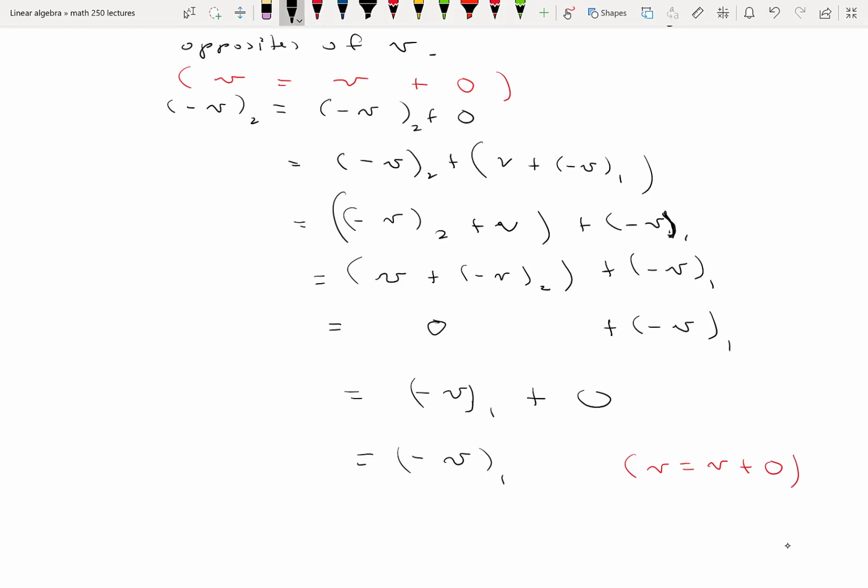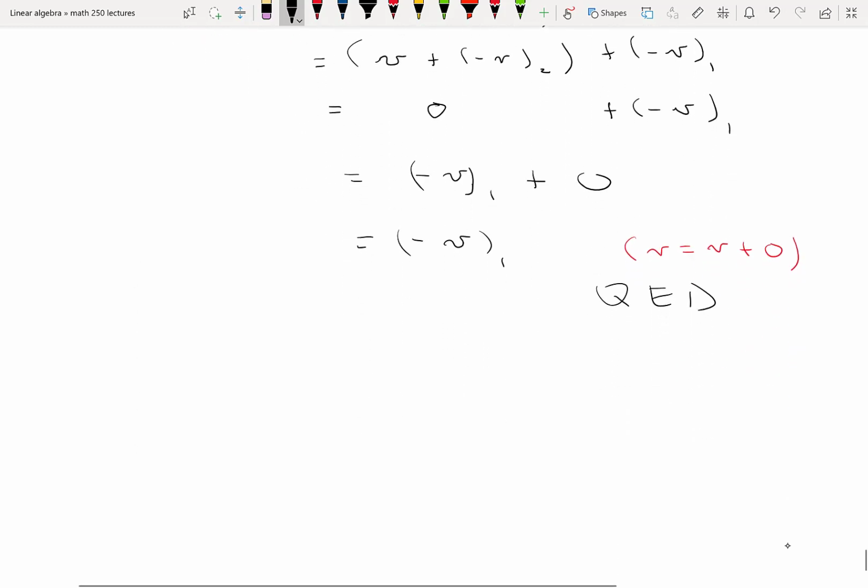QED. I've shown that the opposite of V2 equals the opposite of V1. That means opposites are unique. So opposites are unique, and there's only one 0 vector. The 0 vector is unique.